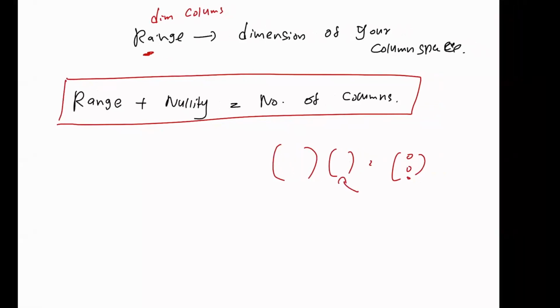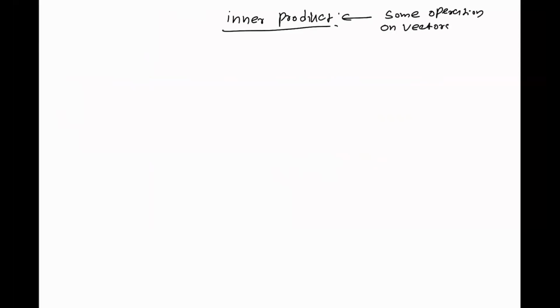Now we are going into another thing called the inner product. I will just give you a brief idea of what the inner product is. This is nothing but some operation on vectors, and it should satisfy the following criteria.